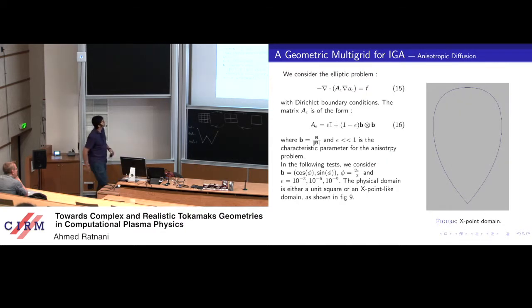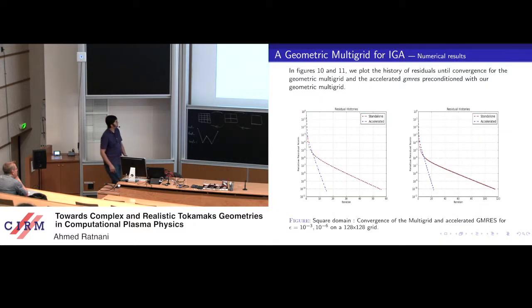So here are some results for a domain with the X-point on an anisotropic diffusion problem. As we can see here, we have two choices: either use the multigrid as a solver directly, or we use it to accelerate another solver, for example.